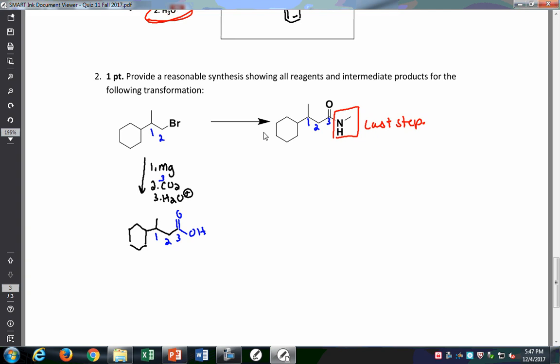The other route you could take for this one is to take your sodium cyanide, do an SN2 reaction, that also gives us that extra carbon, and then we can form the carboxylic acid by using H2SO4 hydrolysis.